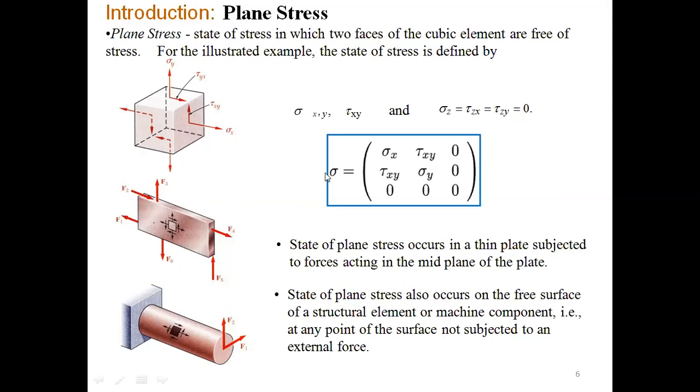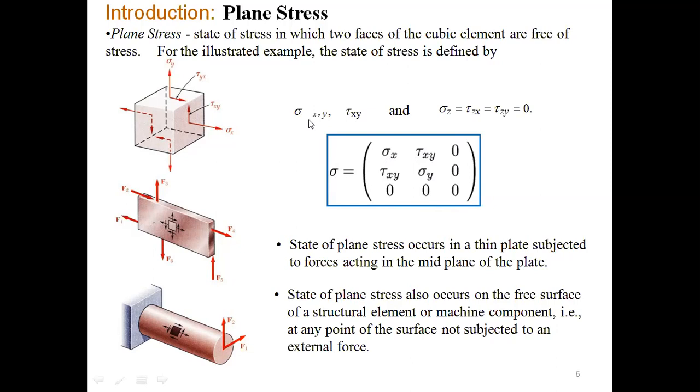From the beginning, we know that only sigma xx, sigma yy, tau xy, and the cross shear tau yx are there. So only 4 components will be non-zero, whereas the remaining 5 components would be 0.